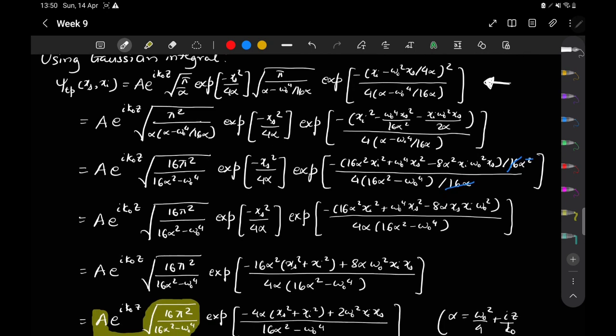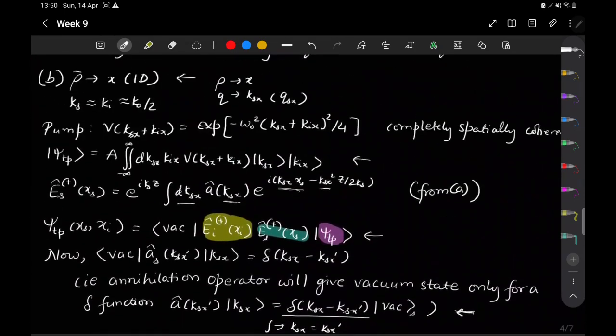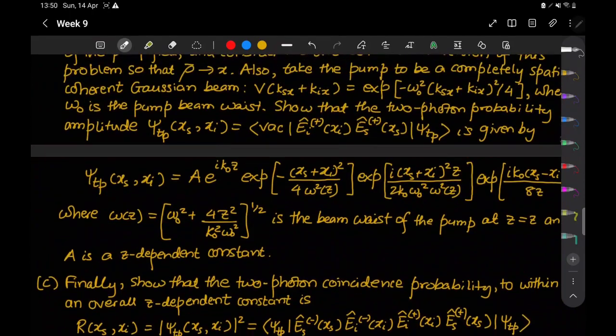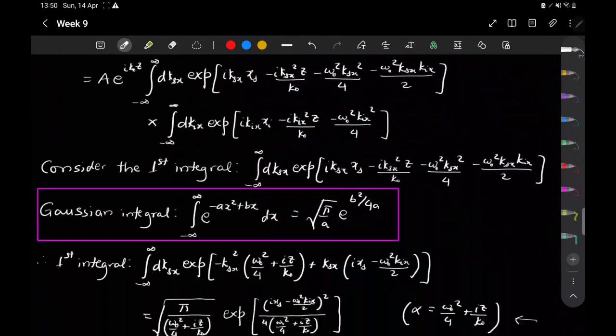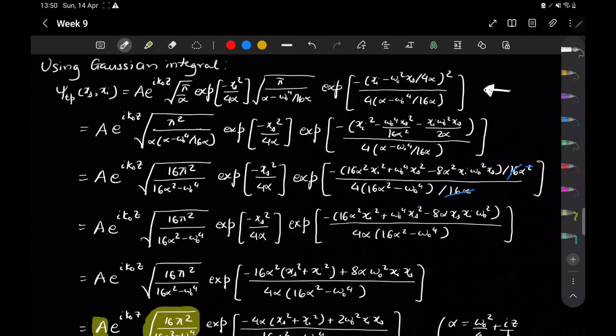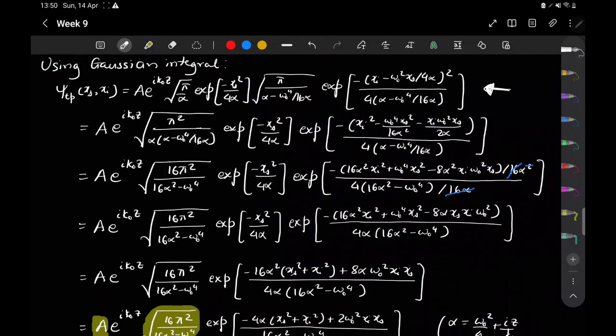And now we will just make some substitutions and some simplification to get to the final expression in the form of these particular exponentials that is given to us. Okay, so let's just see what simplification we have made.